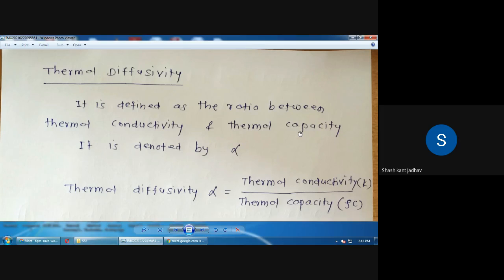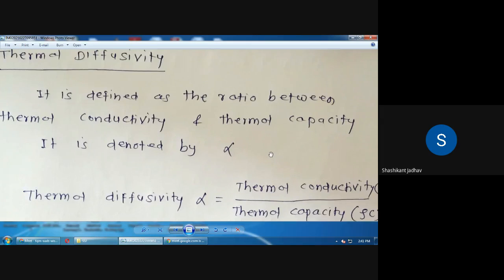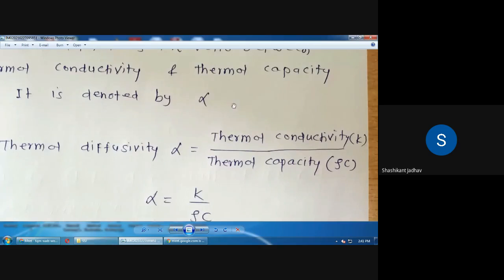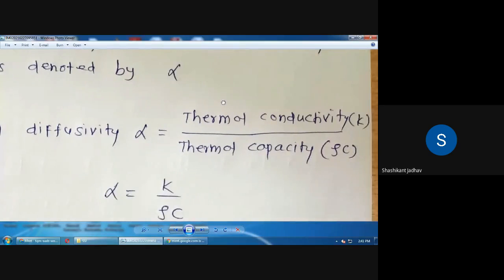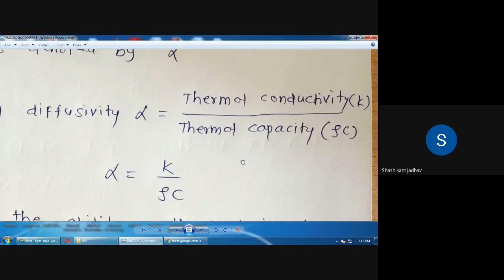Density into specific heat, so rho into C. Write down, thermal capacity in brackets rho into C. Thermal conductivity K divided by thermal capacity rho C.